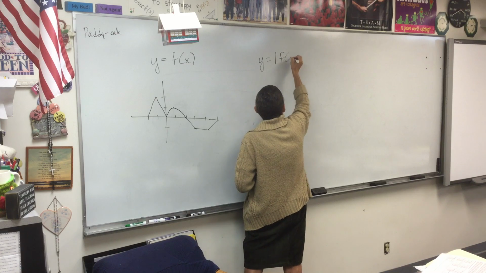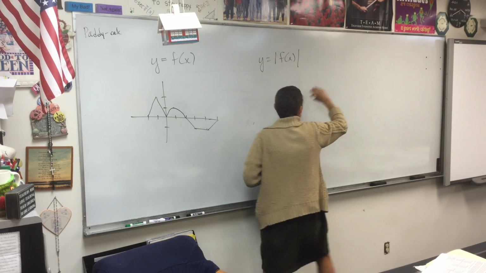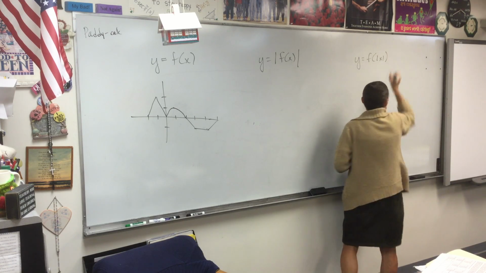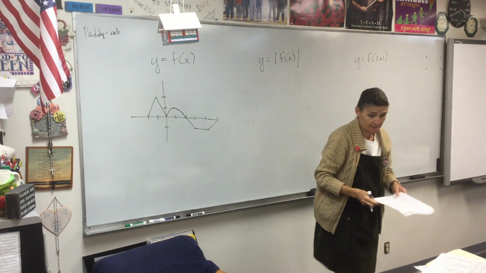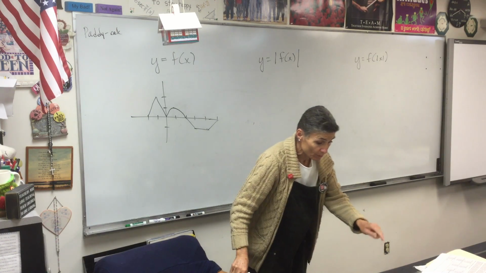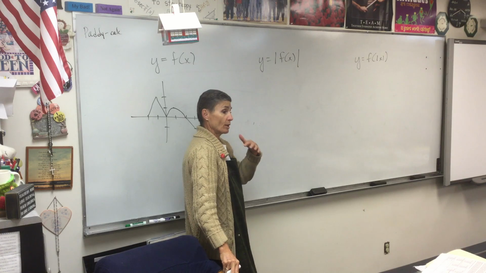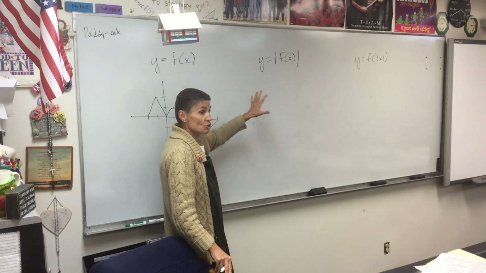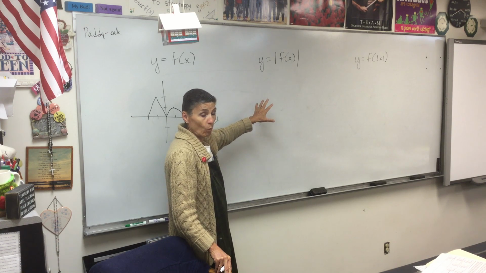If you take the absolute value of the whole thing, that is different than if you take the absolute value of just the x. So let's review the rules, because when we start doing D, E, F, G, and H, we're going to have to apply those rules. This is review, to reinforce.